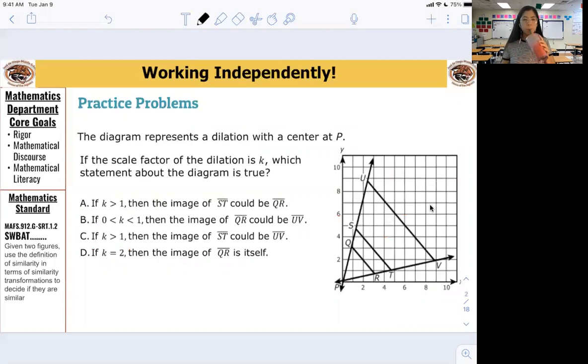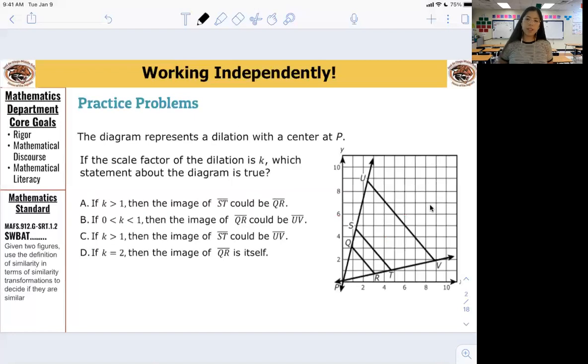Read. The diagram represents the dilation with the center at P. If the scale factor of the dilation is K, which statement about the diagram is true? Cool. Clearly this diagram has more than one dilation, right?